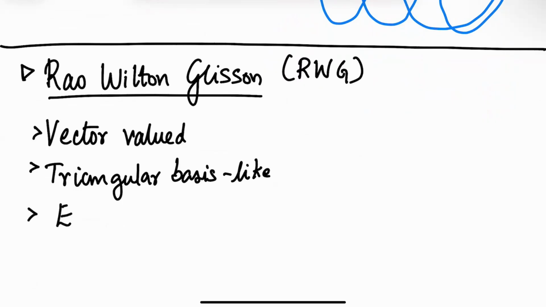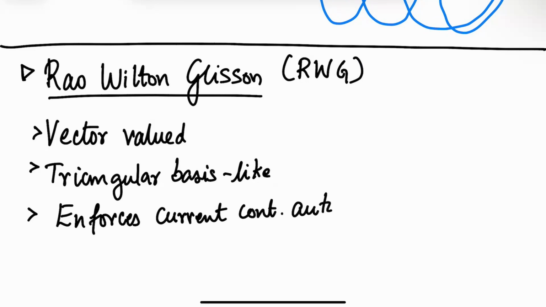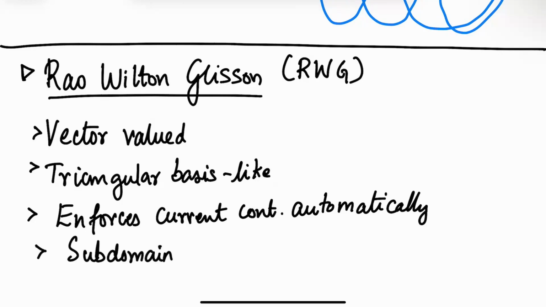So I should say that as well. It enforces current continuity automatically between the basis elements. And it is in fact a subdomain basis. So essentially you have two triangles like that.